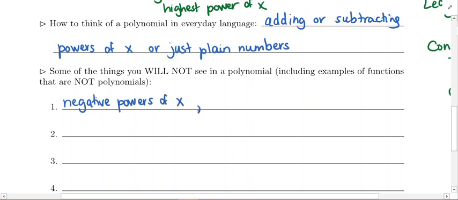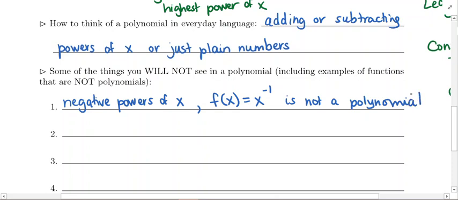For example, if I gave you the function x to the negative 1, that's a power of x, but it's a negative power of x, so it is not considered a polynomial. So, no negative powers of x.